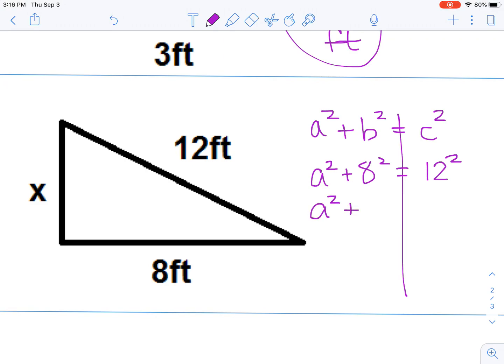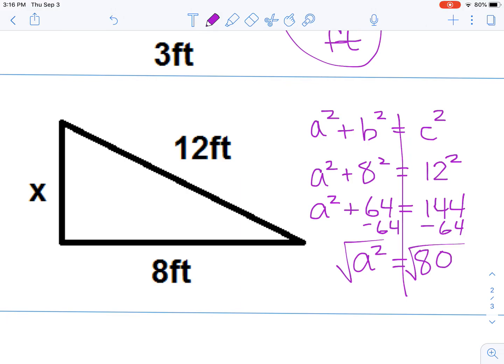I'm going to square these. 8 squared is 64. 12 squared is 144. And because they're on opposite sides of the equal sign, I'm going to actually subtract the 64. So 144 minus 64 is 80. And the last thing we always do with the Pythagorean theorem is take the square root.